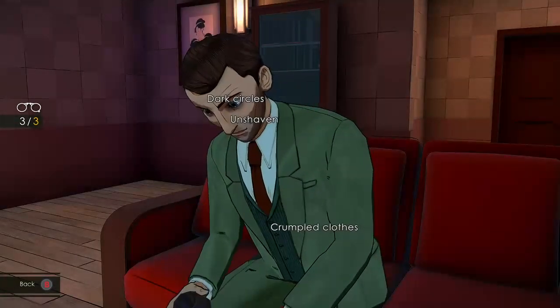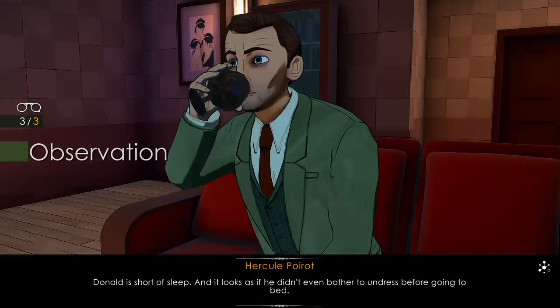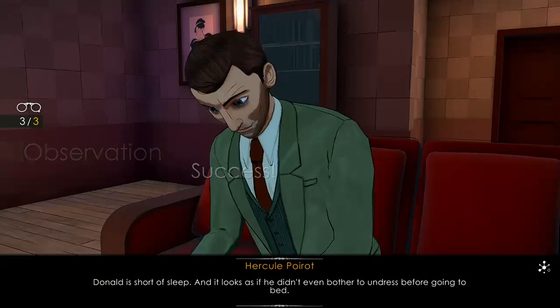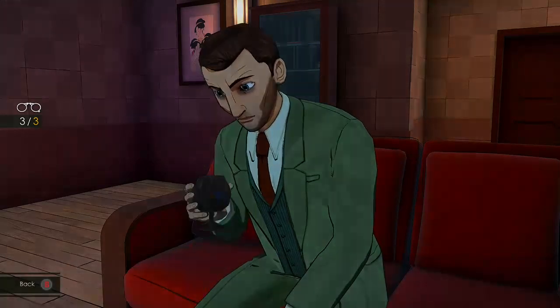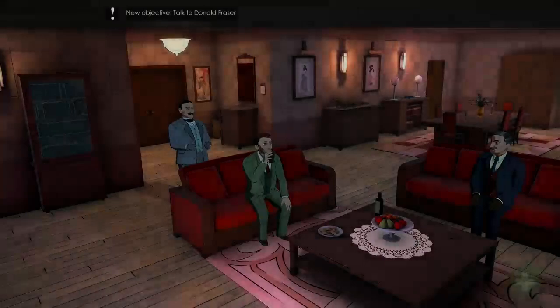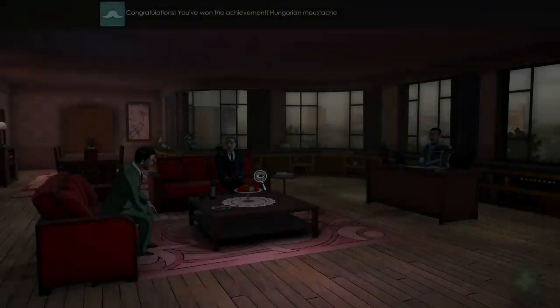He's not shaved. Donald is short of sleep, and it looks as if he didn't even bother to undress before going to bed. Why is he always drinking?